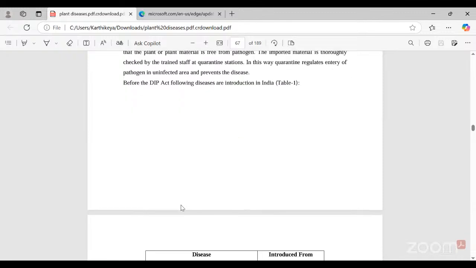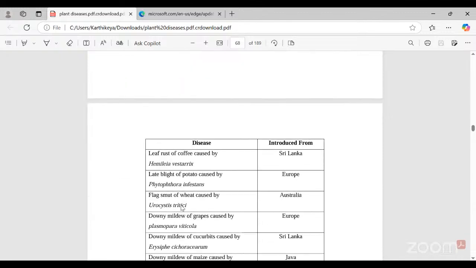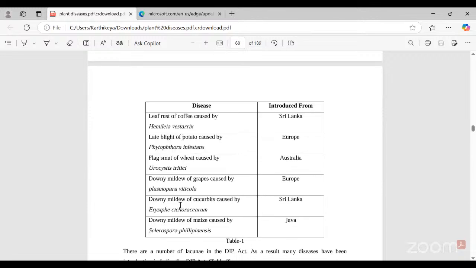Before the DIP Act, the following diseases were introduced. Leaf rust of coffee caused by Hemileia vastatrix, introduced from Sri Lanka. Late blight of potato caused by Phytophthora infestans, Europe. Flag smut of wheat caused by Urocystis tritici, Australia.